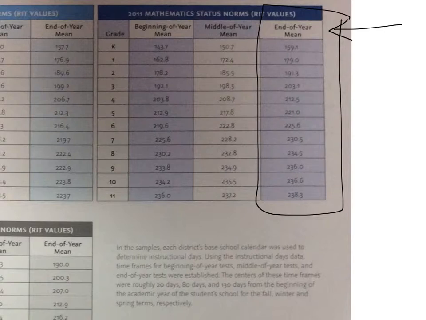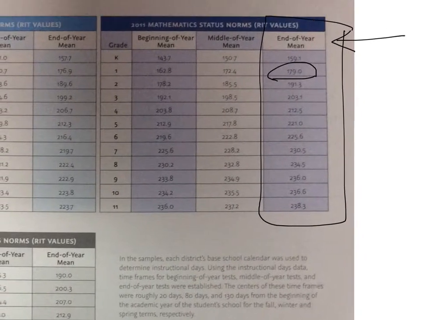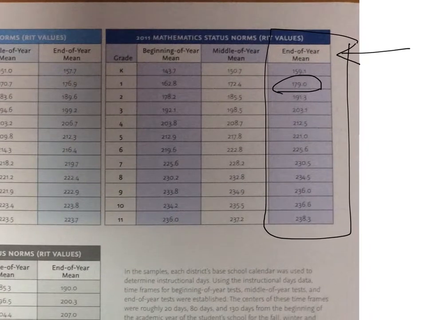Okay, so for a first grade student at the end of the school year, a 50th percentile grade level norm would be 179. A 50th percentile grade level norm for a kindergarten student would be 159, right above that here.